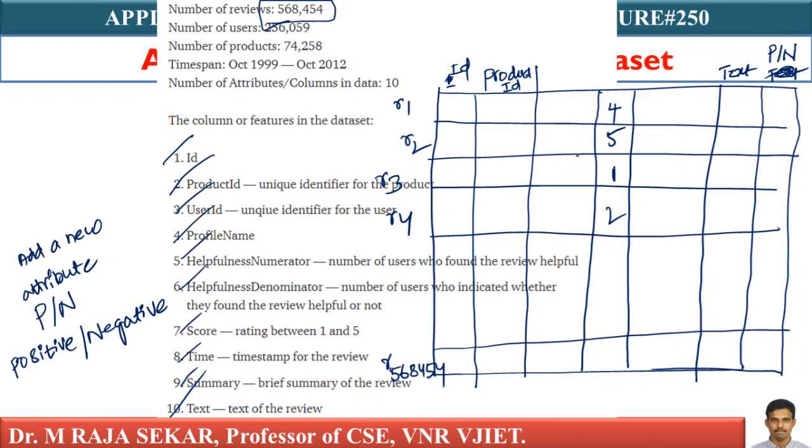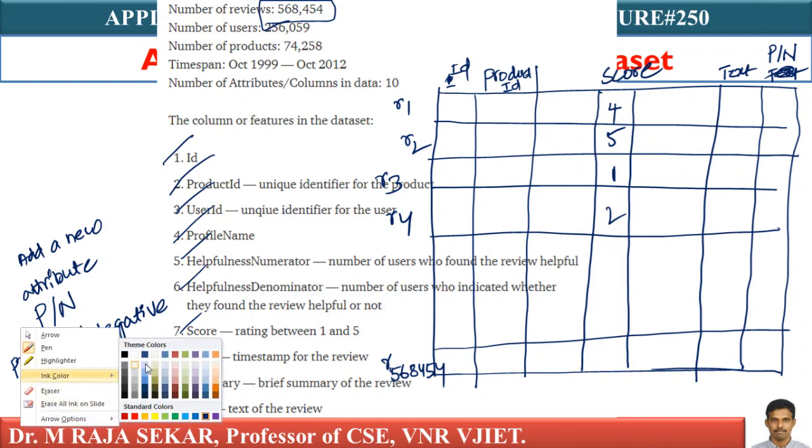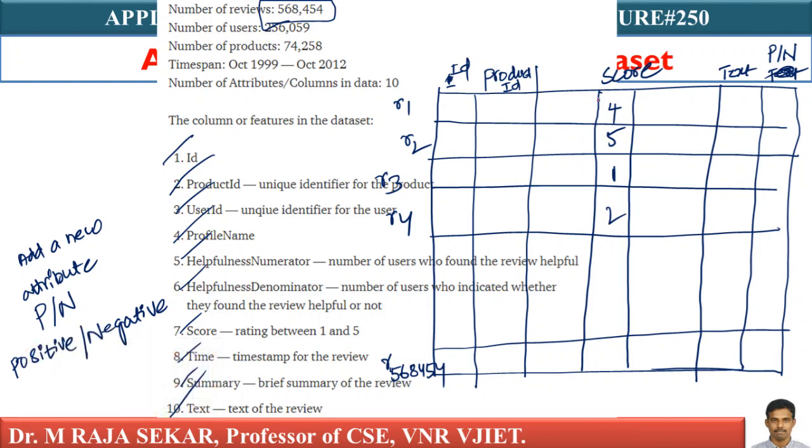The way I will determine whether it is positive or not is by using the score, but of course I will remove the score column here. This column should be removed.